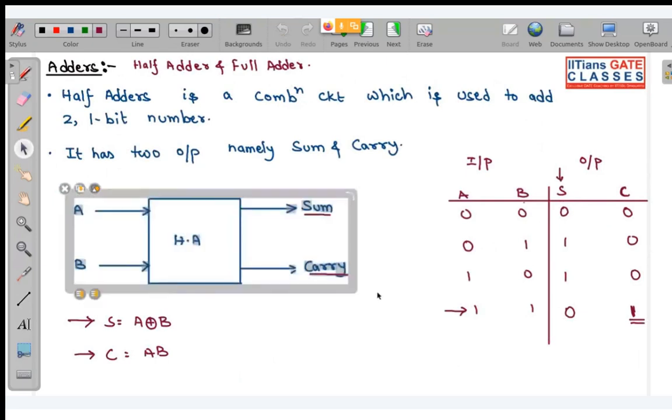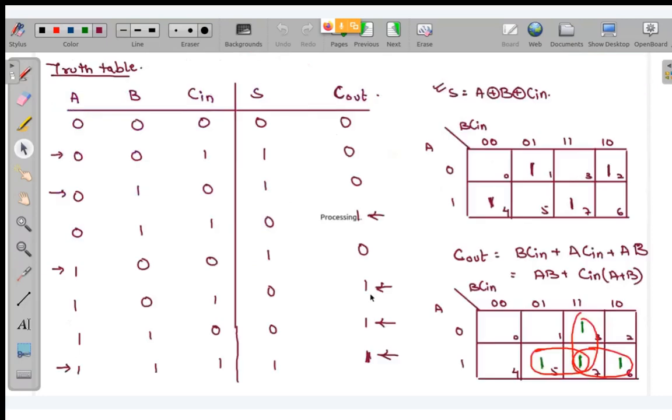So we can construct it using two half adders. Look how.